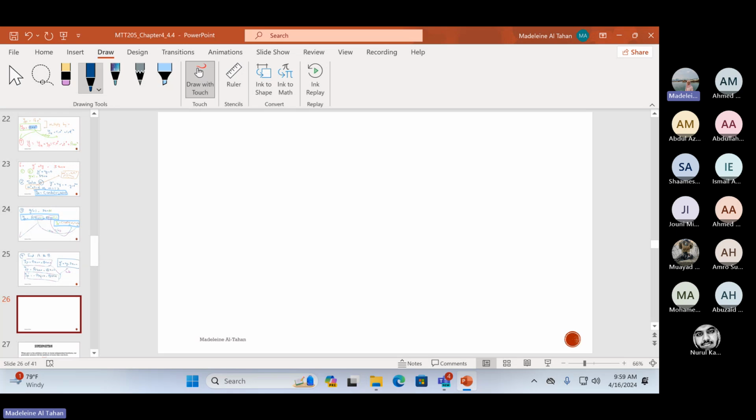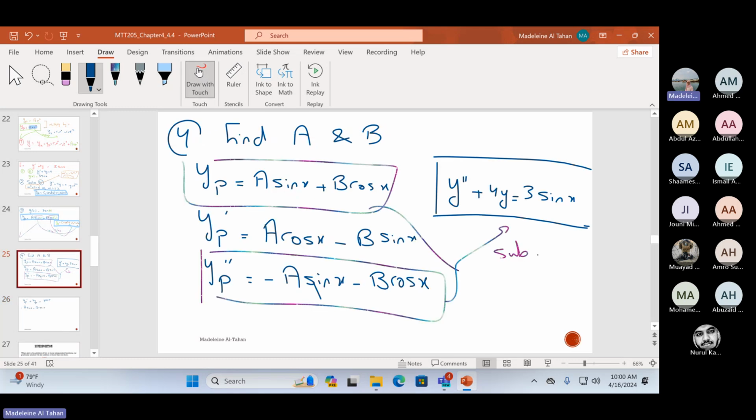What do we need to write now? yp double prime plus 4yp equals 3 sine x. yp double prime is negative A sine x minus B cosine x, right? From where did you bring it?